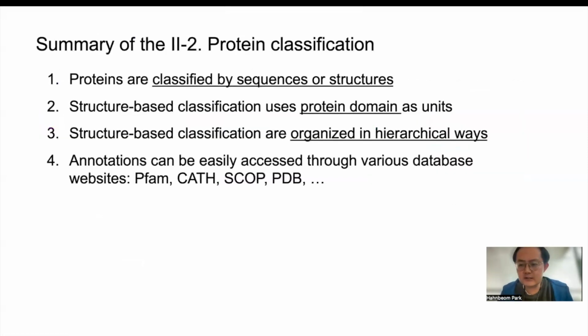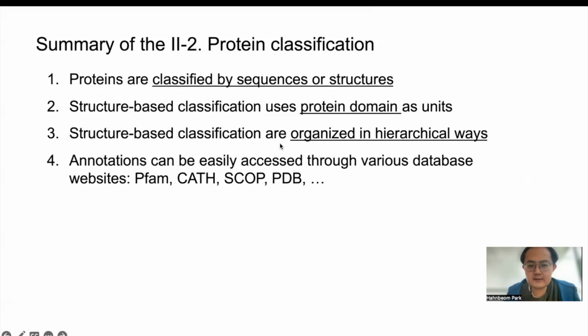To summarize what we learned in this section, proteins are classified by sequence or structure. In the structure-based classification, we used protein domains as units. Protein domain means, again, a self-stabilizing, self-folding protein piece.